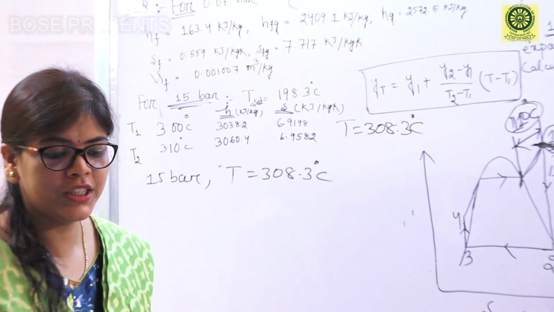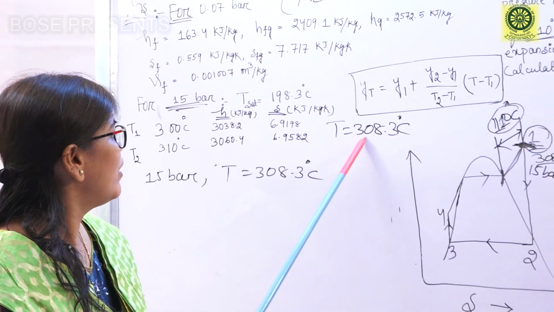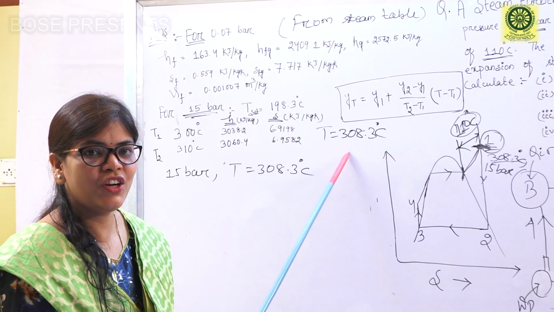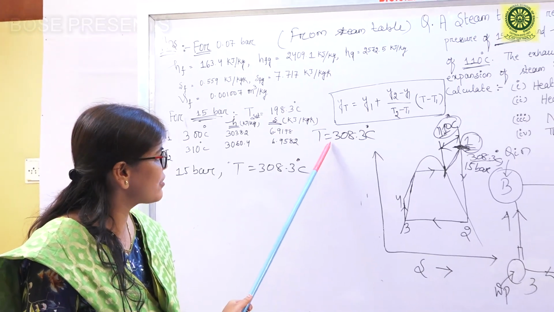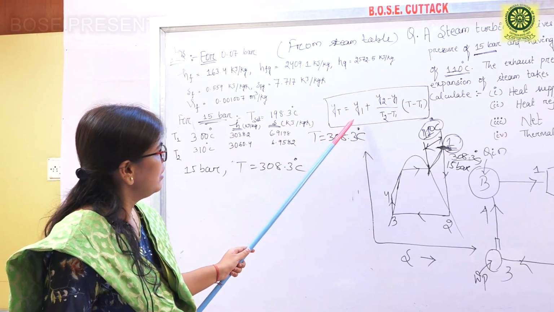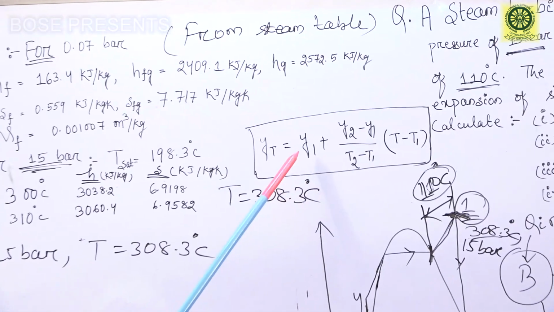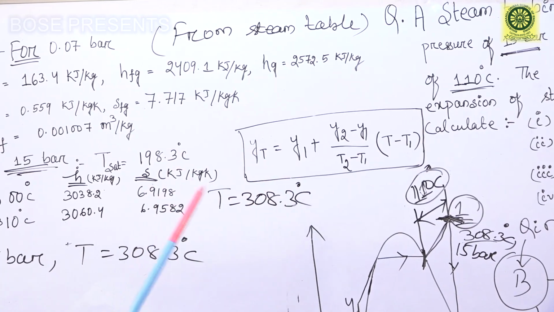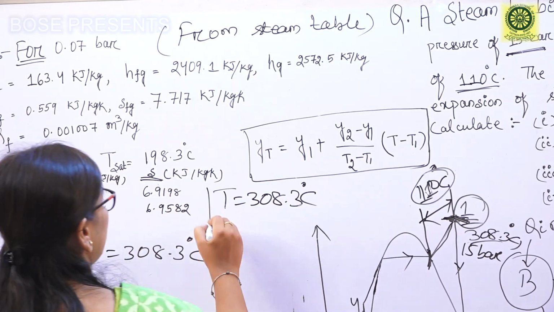And usually in your steam table the temperature 308.3 is not given. So you have to find out these values by the interpolation method, and I have also given one formula for this. You can put this formula to find out the values.